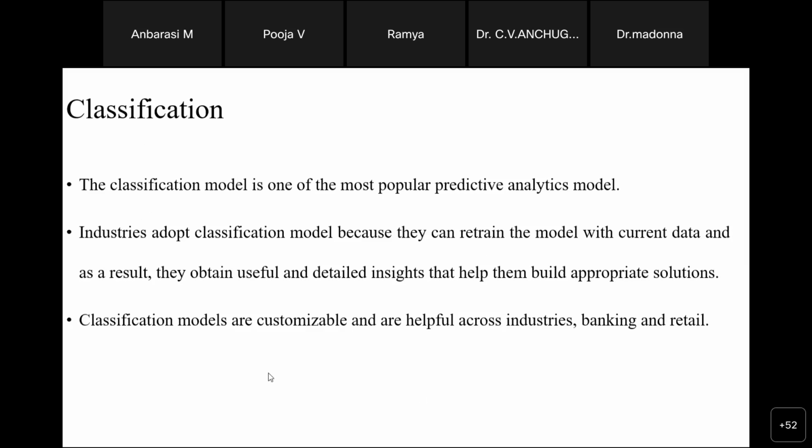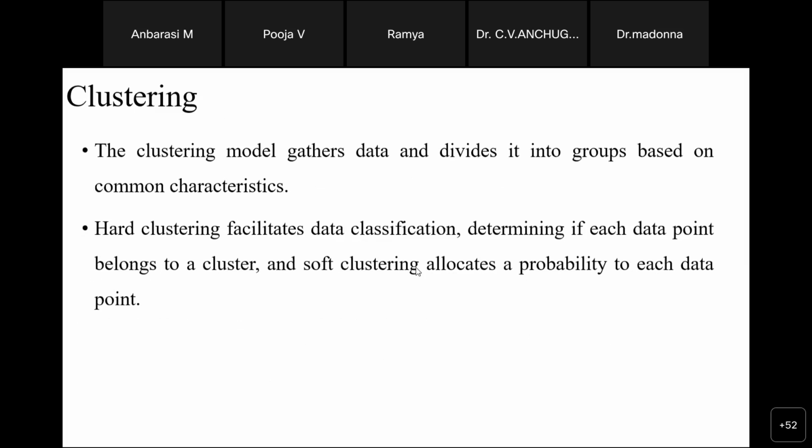These classification models are customizable and helpful across the industry, even in the banking system, the medical field, even fraud detection. In most of the applications, they can use these classification algorithms.